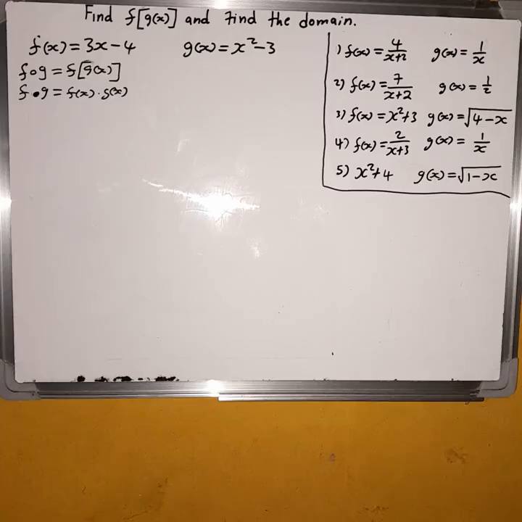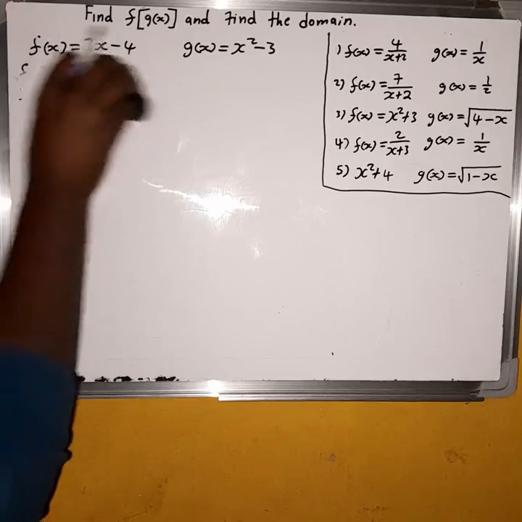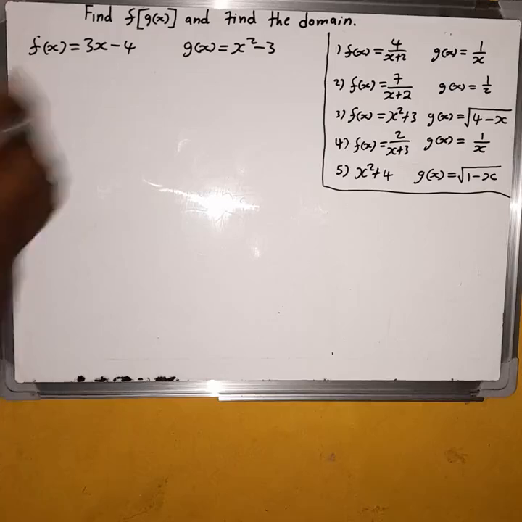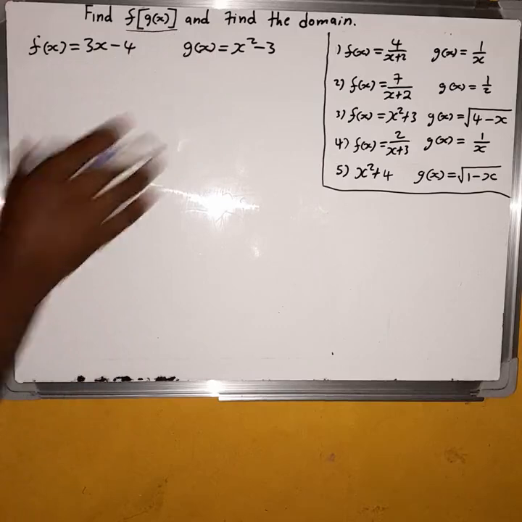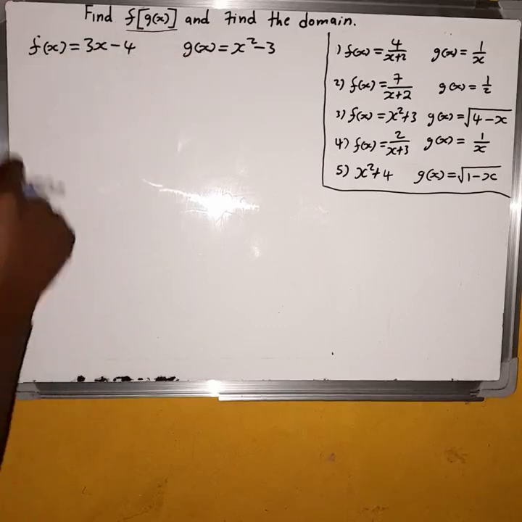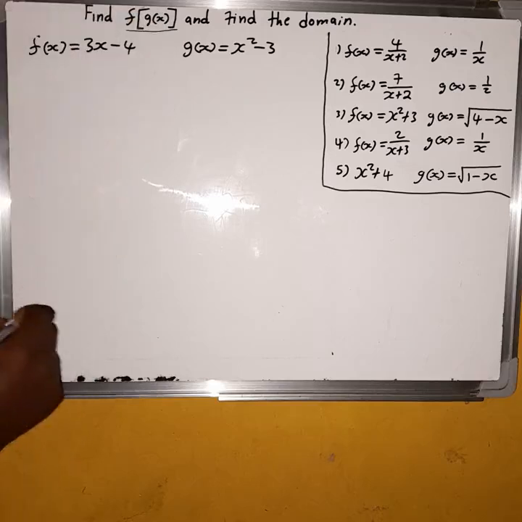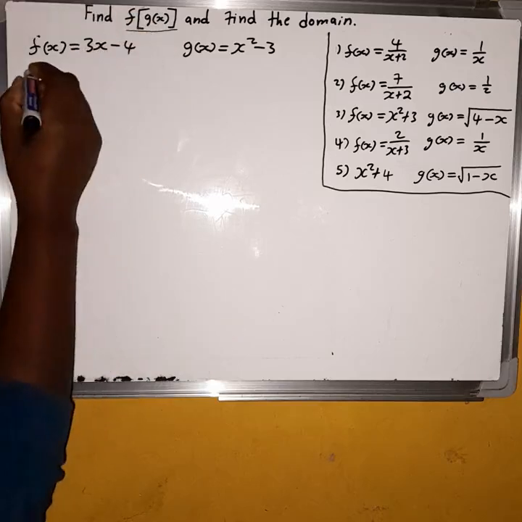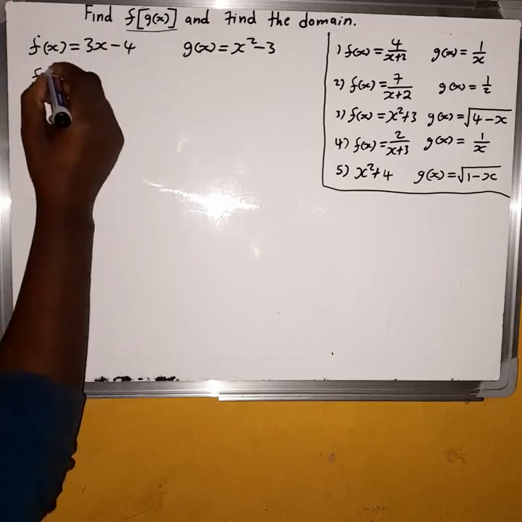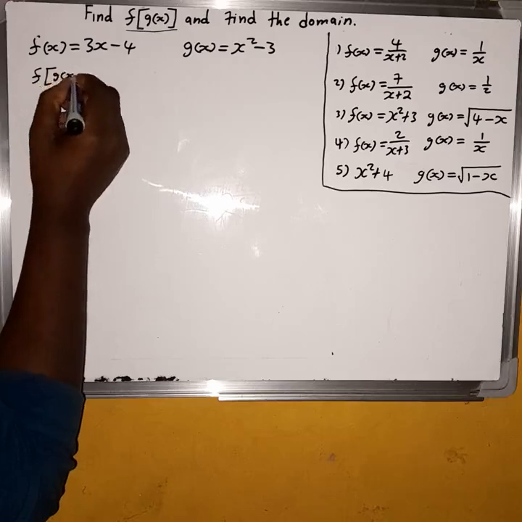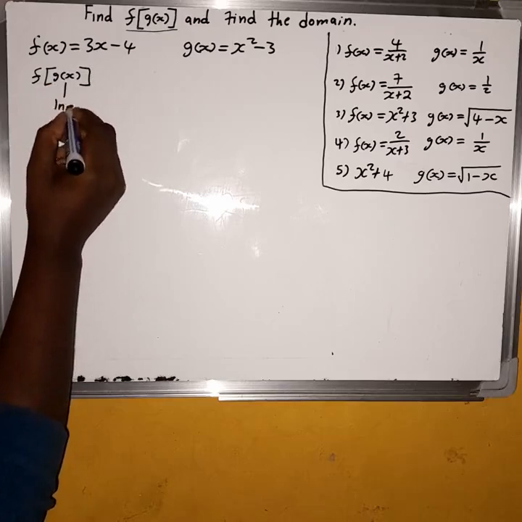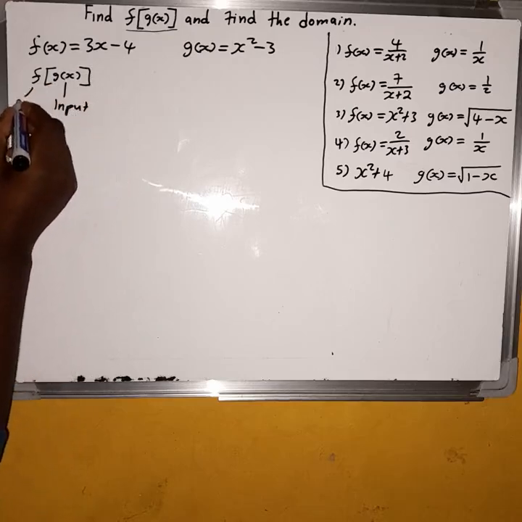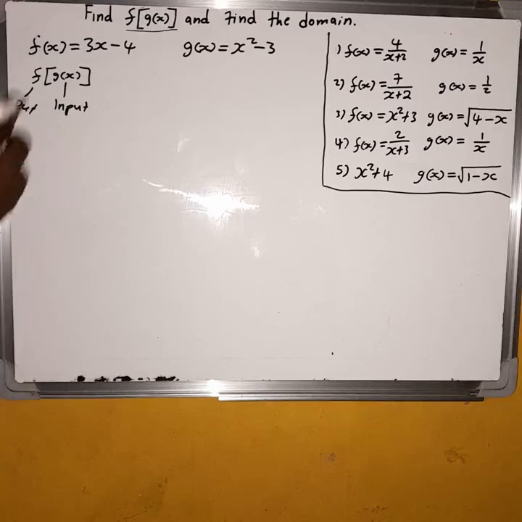So we have to evaluate, we have to find this. We'll start with these two. But we have to know, if you're given this thing, f of g of x, this is an input and that is an output.